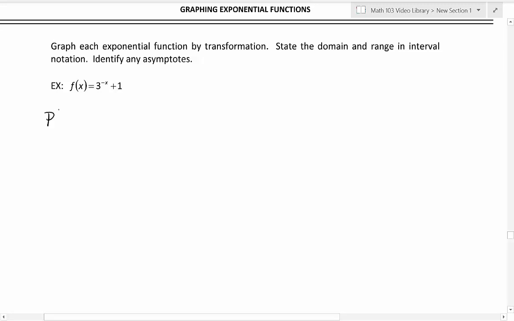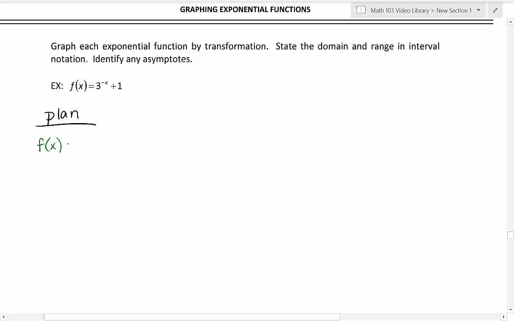Like anything that I graph by transformation, I like to start by outlining my plan. The first thing is going to be our parent function. The parent function is going to be an exponential function, some number raised to the x power.